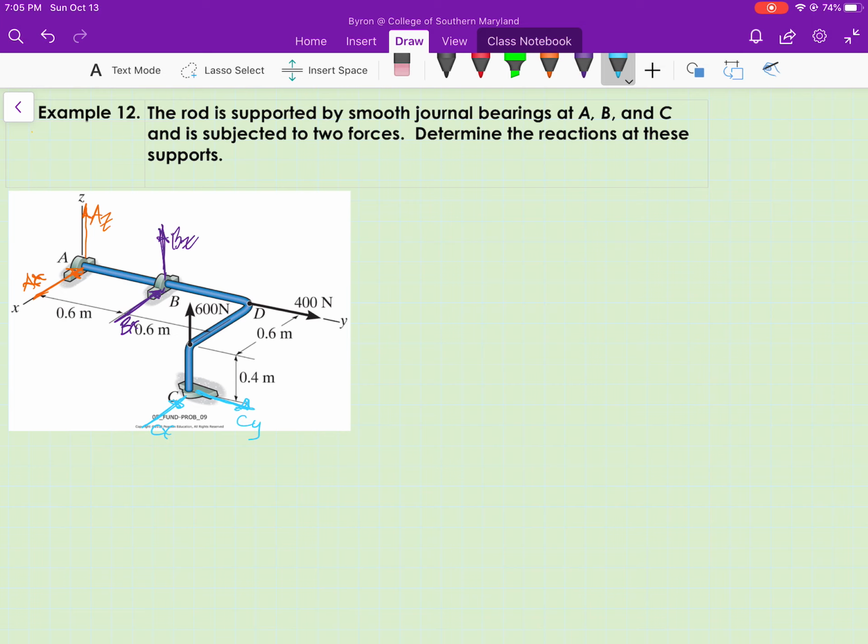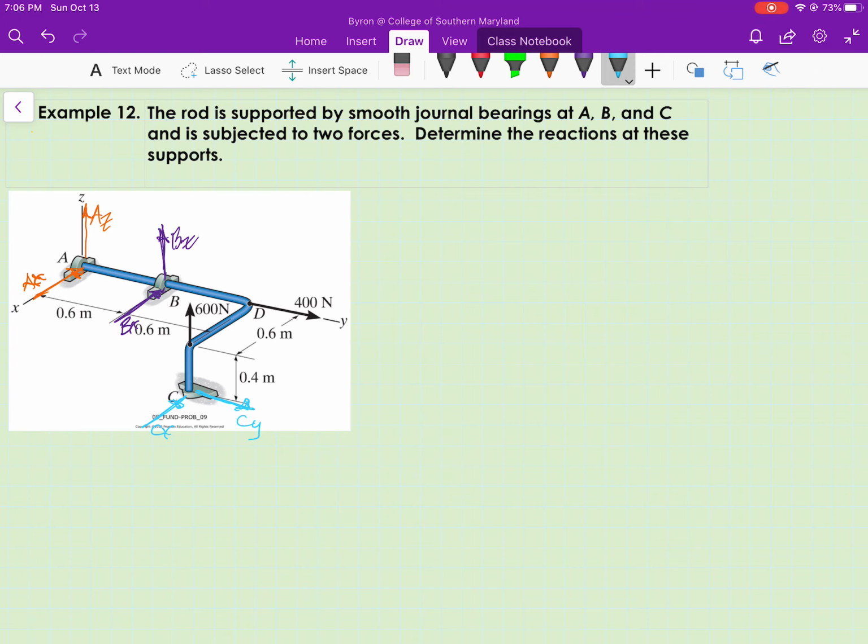Okay, so if I remove that rod from the supports, from ground if you will, I would replace each support with the reactions caused by the support on the rod, and in this case those reactions at each support are 2 force components.